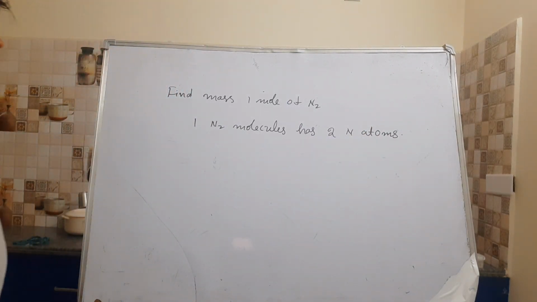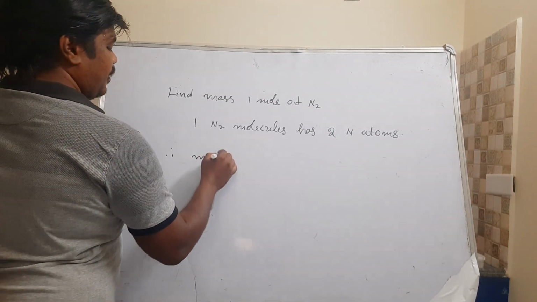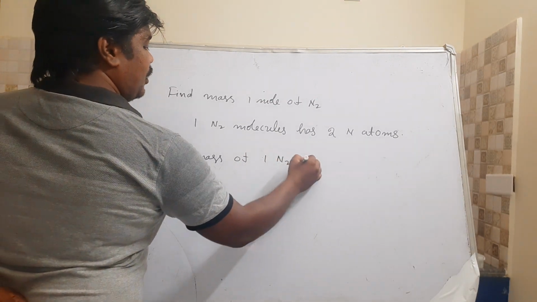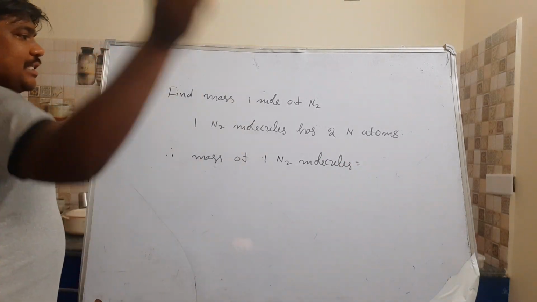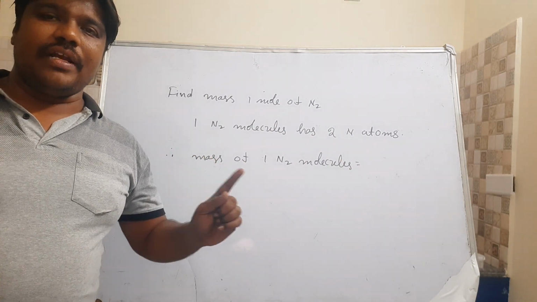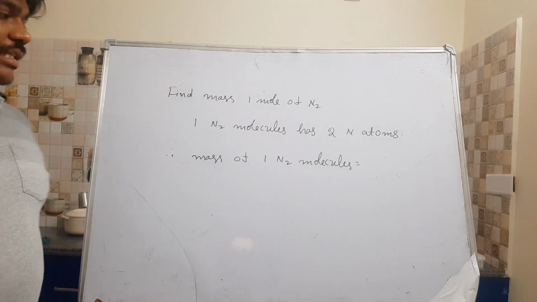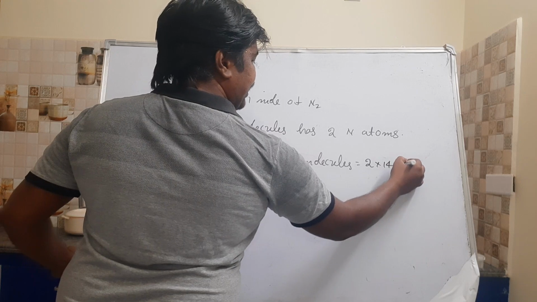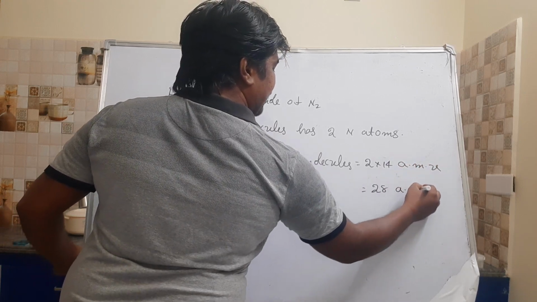Therefore, the mass of one N2 molecule, as we discussed in the previous class, since the mass of one nitrogen atom is 14 AMU and here there are two nitrogen atoms, is 2 into 14 AMU, that is 28 AMU.